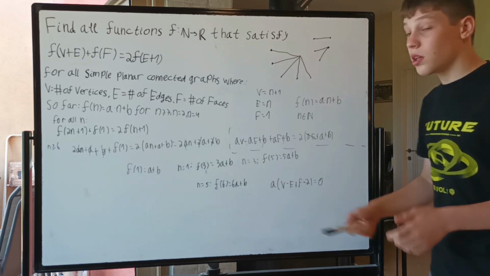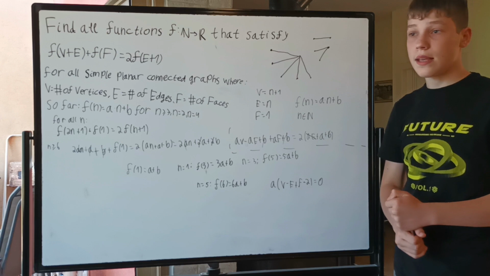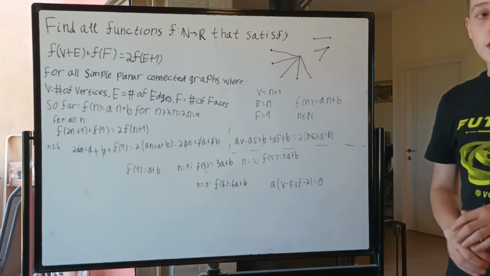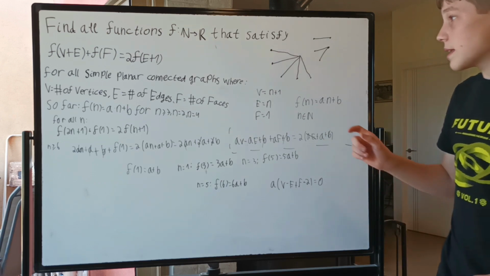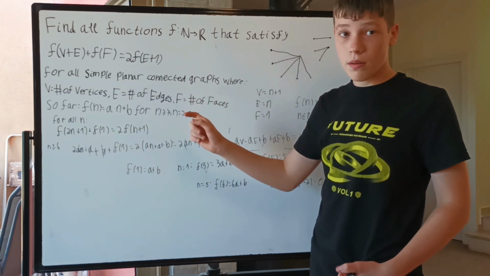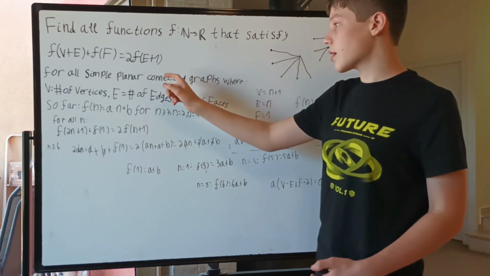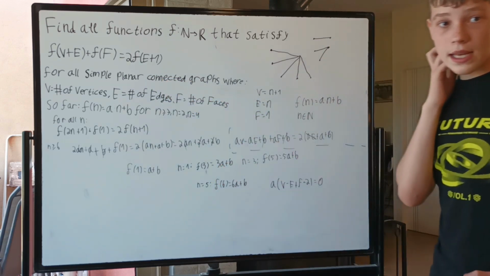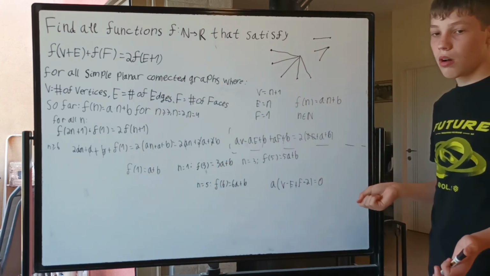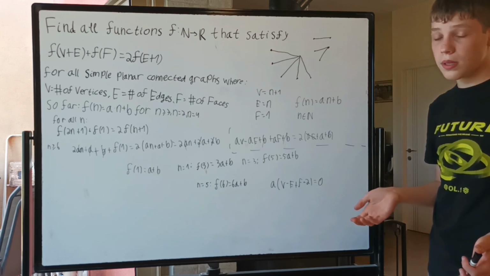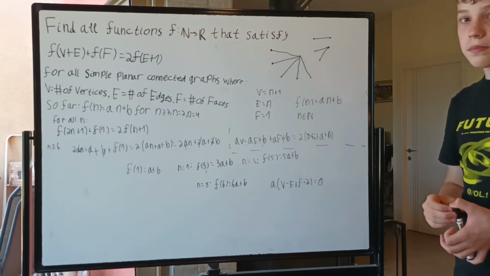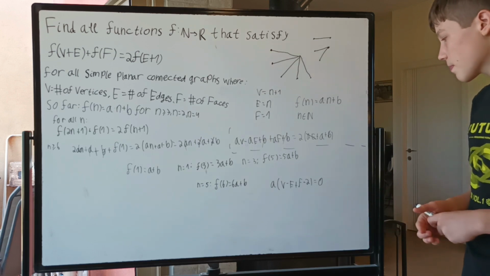So now, is this always equal to 0? The answer is yes. Because any graph that is simple and planar and connected, well, it doesn't have to be simple, any planar connected graph satisfies Euler's formula, one of his famous equations.